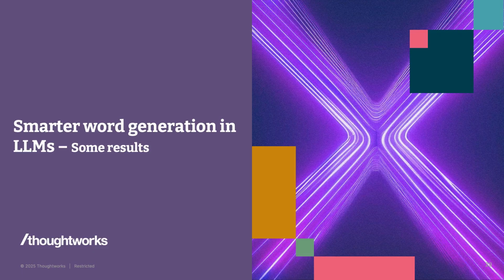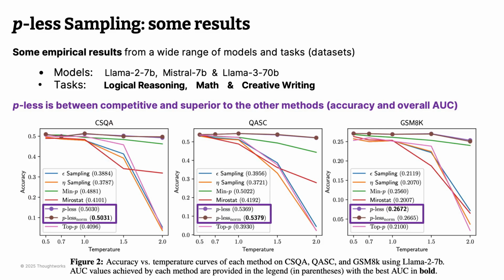Right. Further to this, I'm sharing some quick results with you on why this method is proven to be working. So we have tested this on many data sets, at least 4: creative writing, logical reasoning, math problem solving. And we found that the P-less method indeed works better than the rest of the methods that I've shared with you earlier, and some other methods like Mirostat.